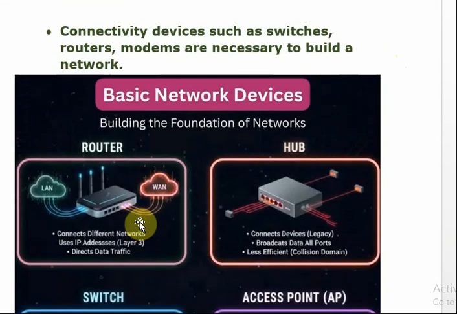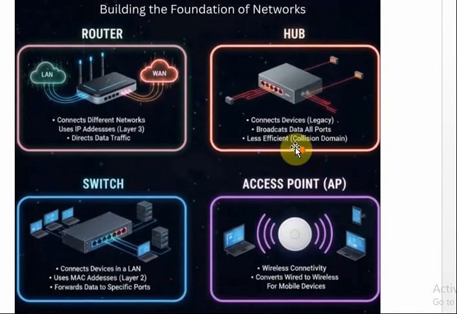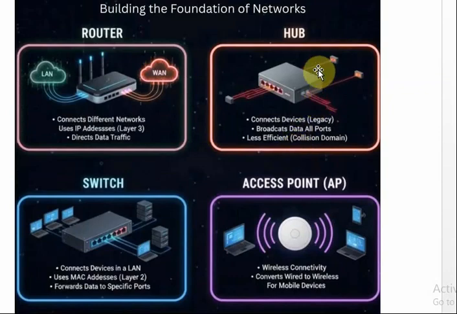Then to implement a network, we need basic components, right? Connectivity devices, we need to understand these devices clearly. Now this is the old kind of device, the hub. The disadvantage is that the network is connected using these ports. For example, say there are 5 ports, so you can connect 5 computers, right?